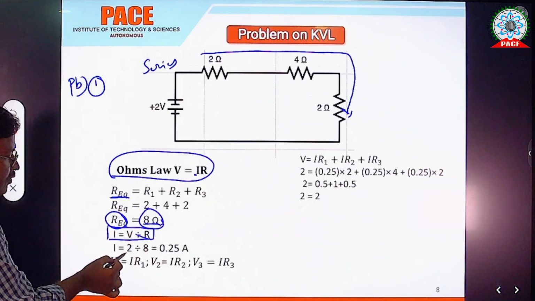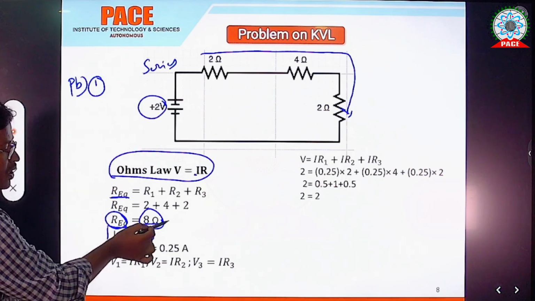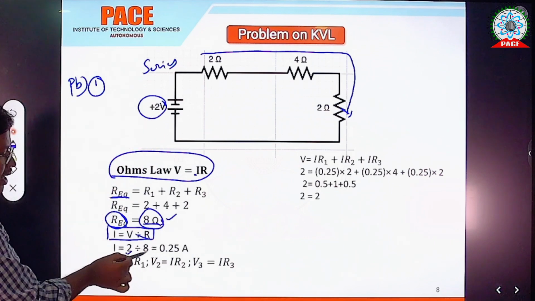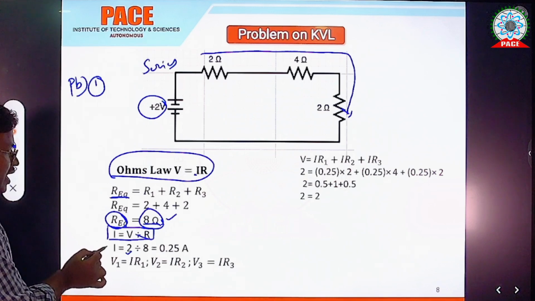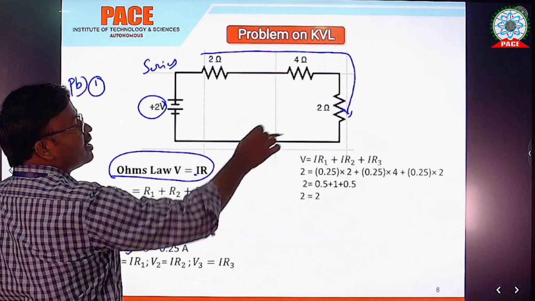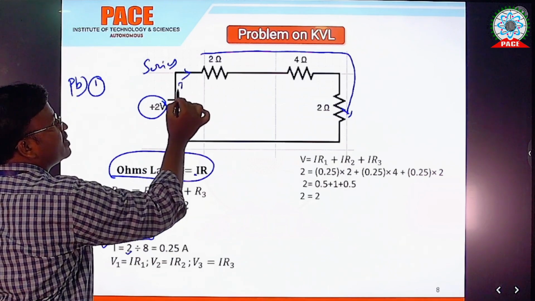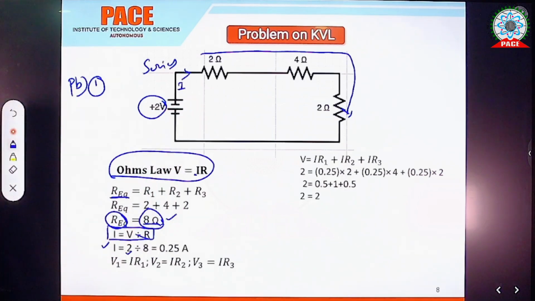So 2 by 8, we will get the current as 0.25 amps. Because all the elements are in series connection, the current will be the same across all elements. So that current is 0.25 amps. The 0.25 amps flows across all the elements because all resistors are connected in series.